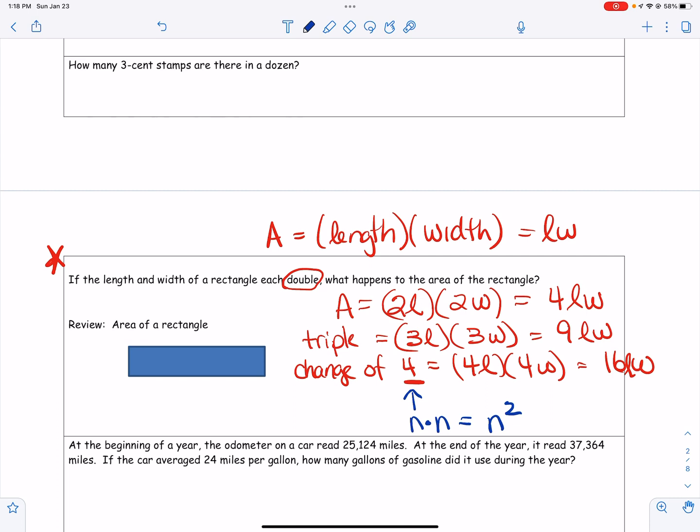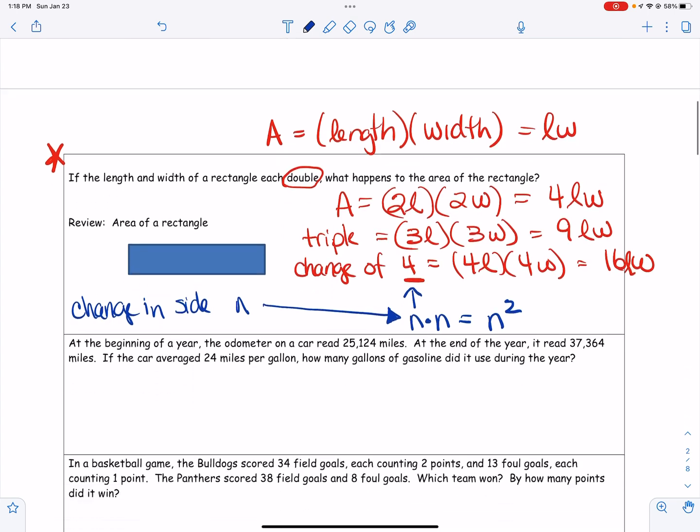So whatever the change in side length or width is, we're going to call that N, and then we're going to take that N and square it, okay? So a lot of students miss this problem because they will just say that the area is going to change by that factor. They would say the area would change by 2 if you doubled it, or the area would change by 3 if you tripled it. But it's actually the number that you're taking times itself, okay?